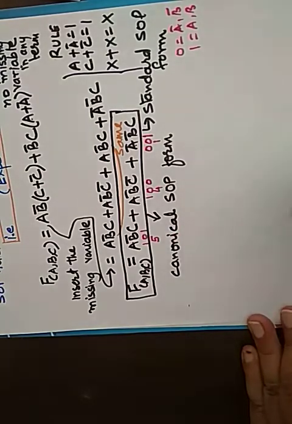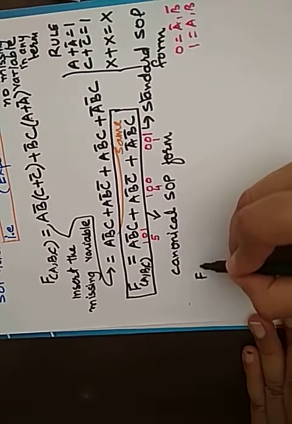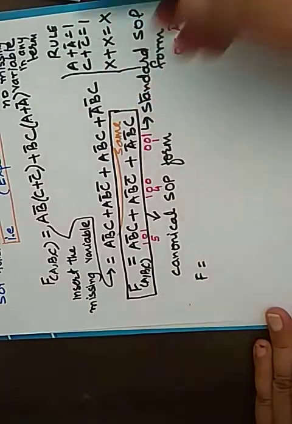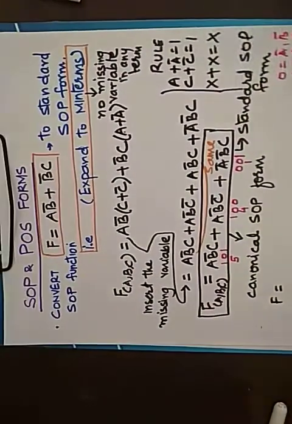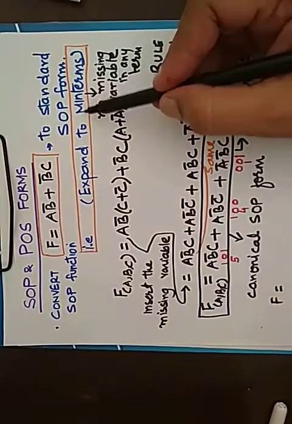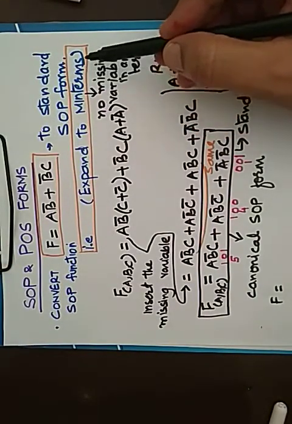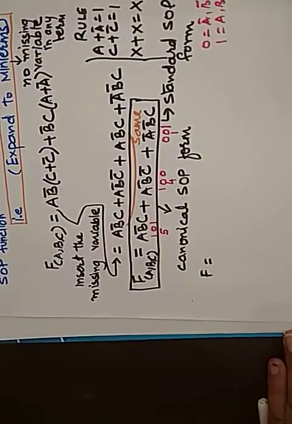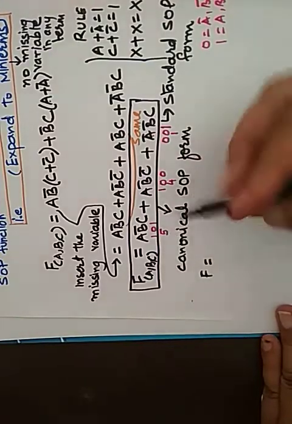So we may write this function as f equal to, and we have seen what is a minterm. In our last class we saw what is a minterm. We defined a minterm as a fundamental product term which has no variable missing. So coming back to this, a b bar c is a minterm. The value is 5.